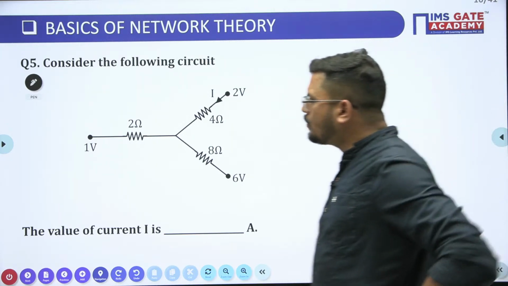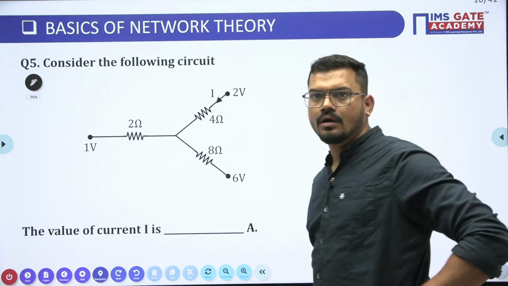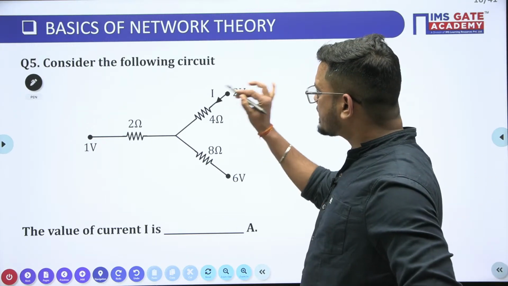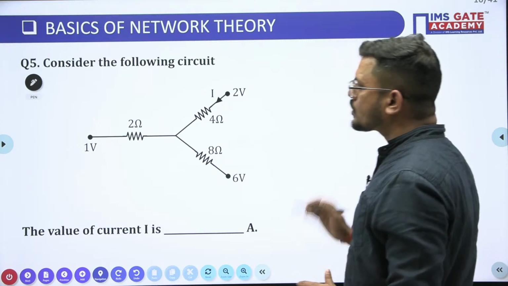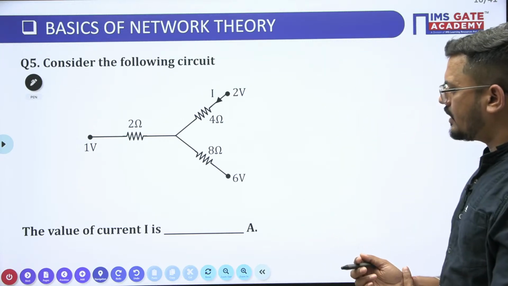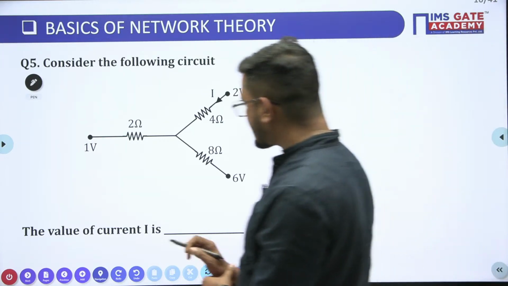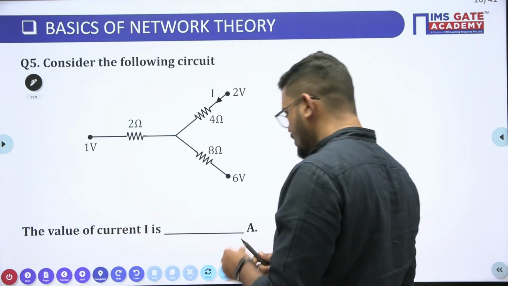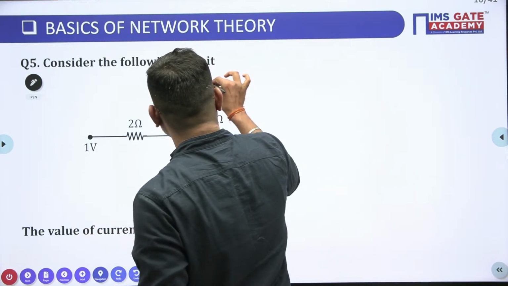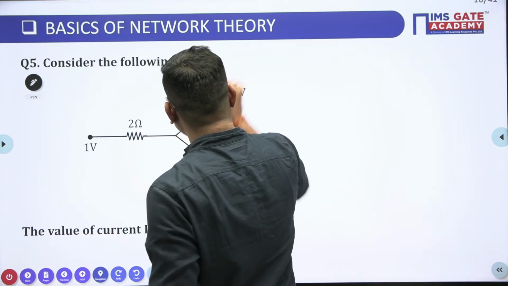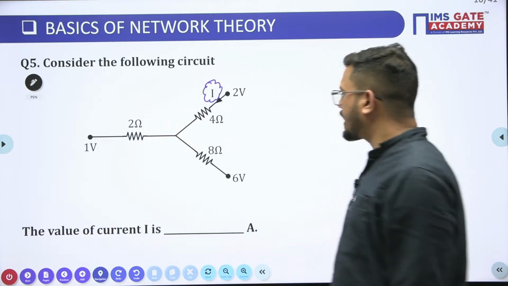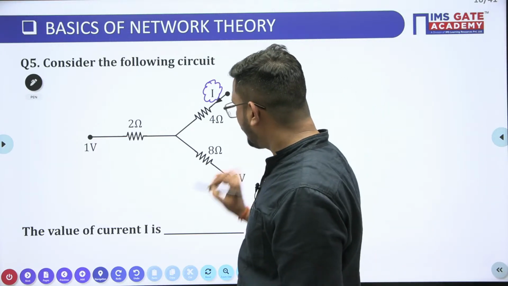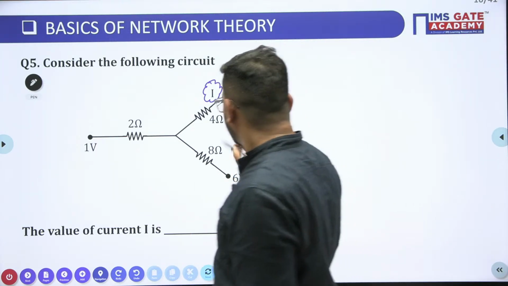So in this problem, what we have to calculate, guys? Consider the following circuit. For this circuit, we have to calculate the value of current I. So we have to calculate this current I. How to find this current, guys?